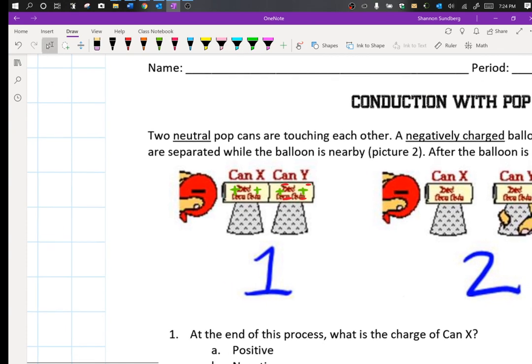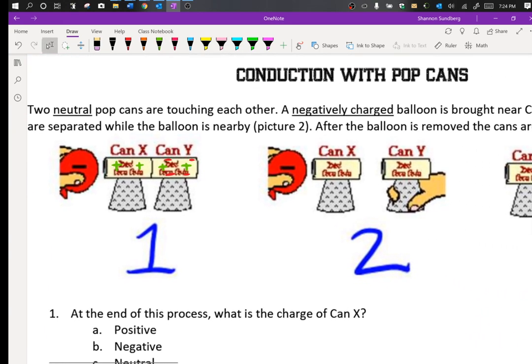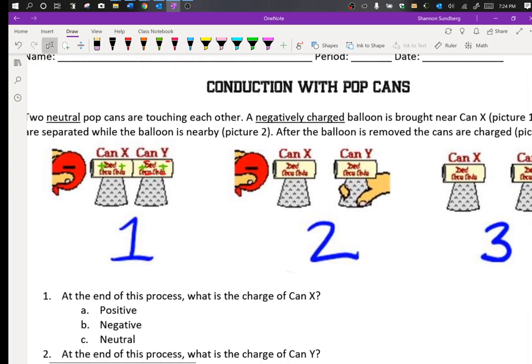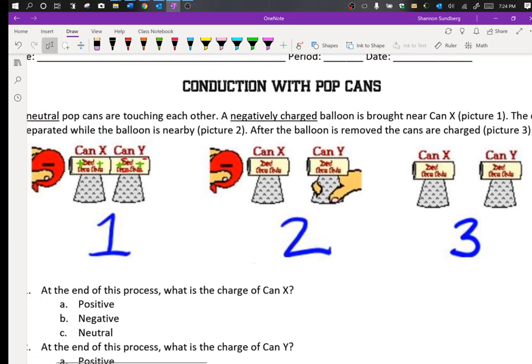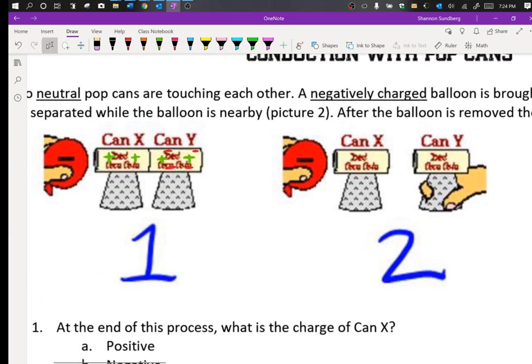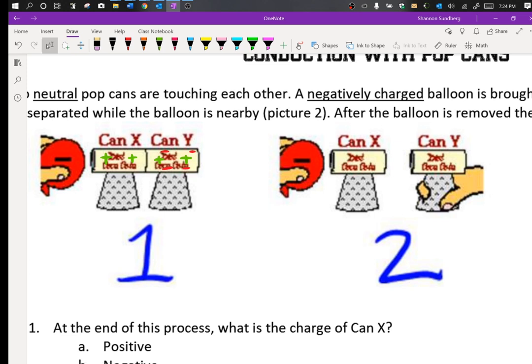So in picture 2, it says that while the balloon is still nearby, the cans are separated. Well, that means that those electrons stuck over there in can Y. So if I were to draw my protons here and draw my protons here, there's a buildup of electrons in this can.